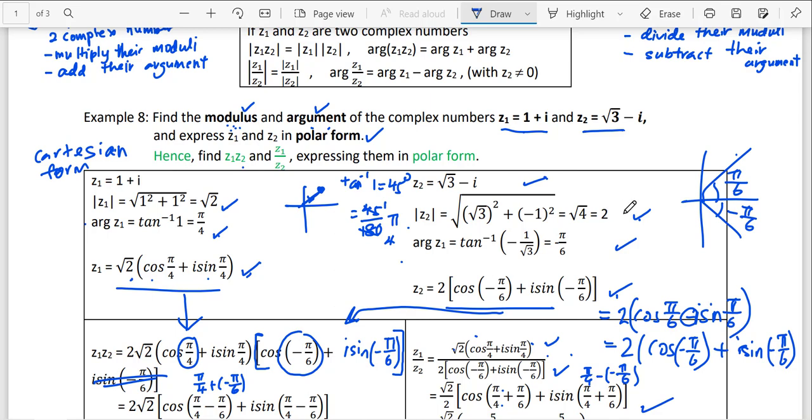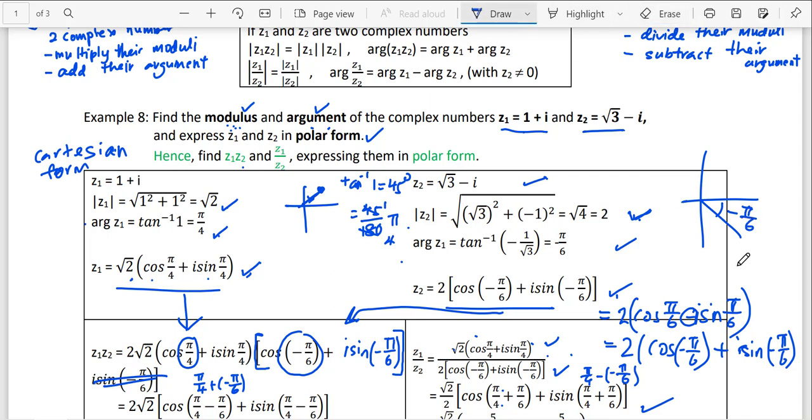For the second one, also like that. First you find the modulus, then for the argument you check, because you have the real part and this is the imaginary part. When you draw in the Argand diagram, root 3 is positive and this is negative, so it should be at the bottom right.